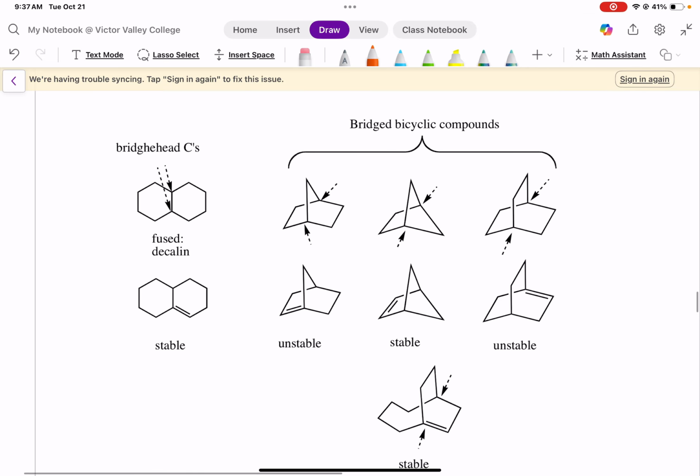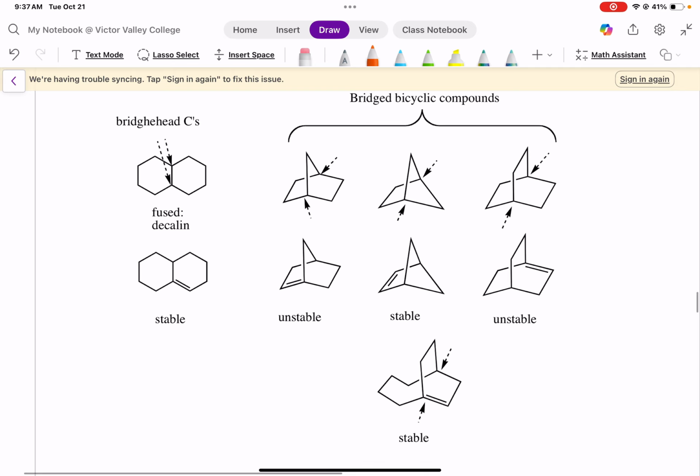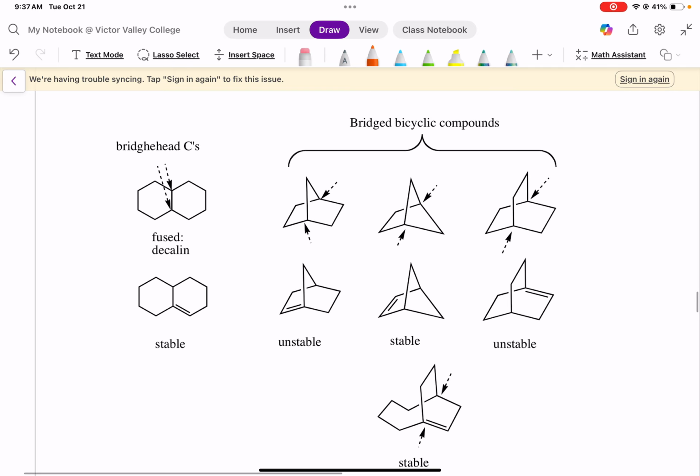Okay. When we have the bicyclic, if you remember, with respect to the double bond, there's p orbital overlap.